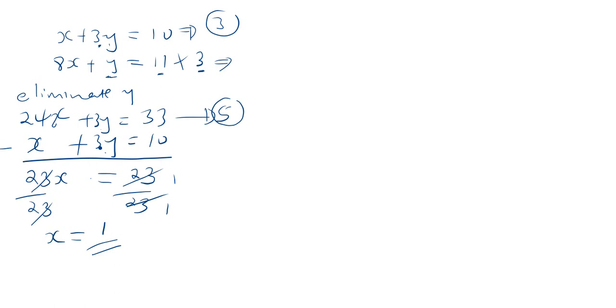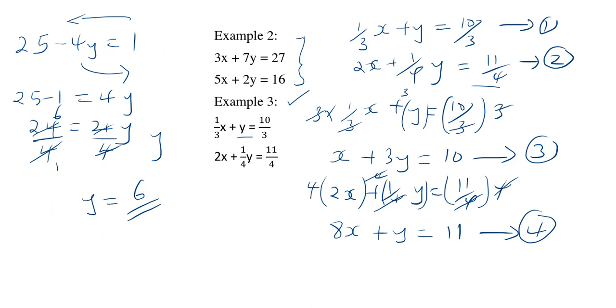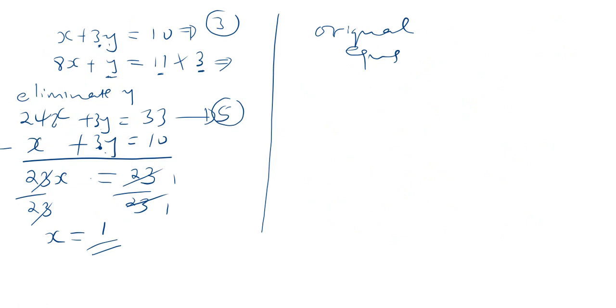Let's substitute this. We take this to our original equations. So our original equation was, let's take this one, which is a third x plus y is equal to 10 over 3.